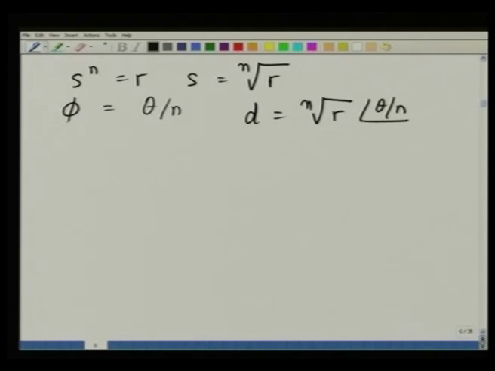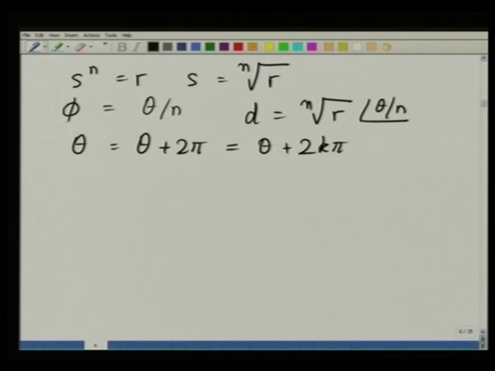On the face of it, it seems impossible, but we must recall that angle in a polar representation repeats itself every 2 pi radians. In short, theta is the same as theta plus 2 pi. In fact, it is the same as theta plus 2 k pi for various values of k.